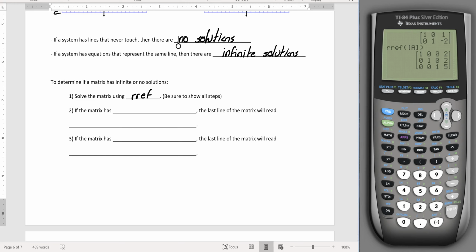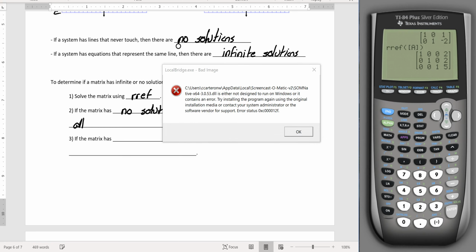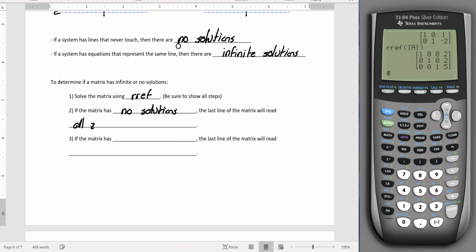If the matrix has no solutions, the bottom row will read all 0 coefficients and a non-zero constant.